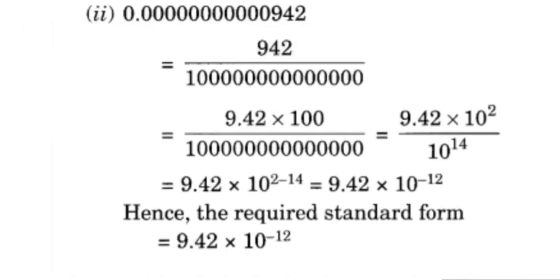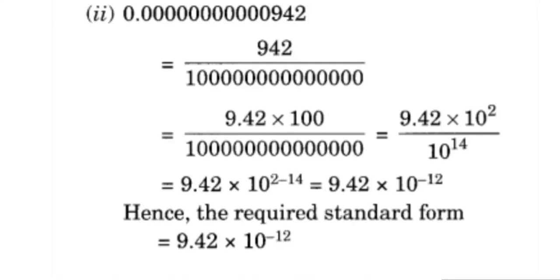Now same, see question number 2, 0.000000000009 42. Now again after 9 we want the decimal, means 9.42. So this we can write as 942 upon 100 and upon 10 raised to 14, means 12 zeros and 14 zeros will come.